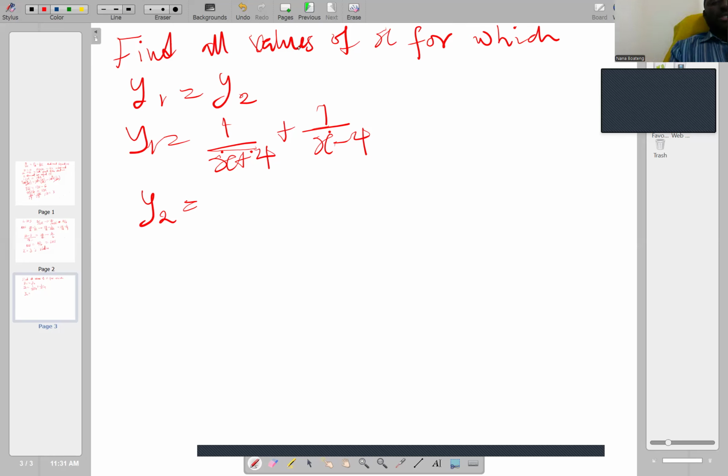So if x is equal to negative 4, then x plus 4 becomes negative 4 plus 4, which gives us 0 at the denominator. And if x is equal to positive 4, then x minus 4 becomes 4 minus 4, which gives us 0 at the denominator.